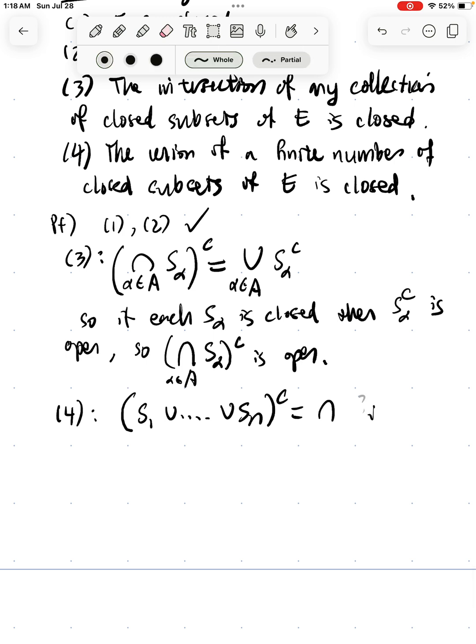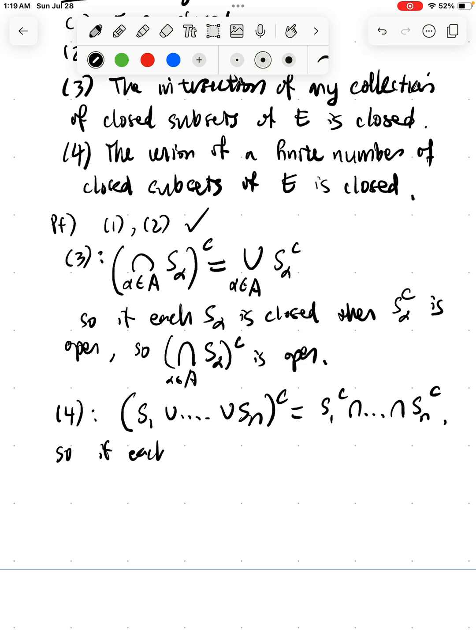If each Si is closed, then this is open.